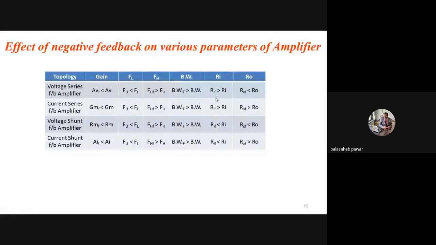You will observe that RIF is greater than RI. That means by using negative feedback, input impedance increases as compared to without feedback. And output impedance, as long as a voltage amplifier is concerned, should be as low as possible. Ideally, it is 0. So by using negative feedback, it decreases as compared to without feedback. Are you getting it?